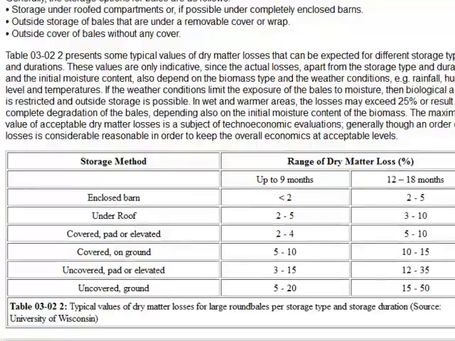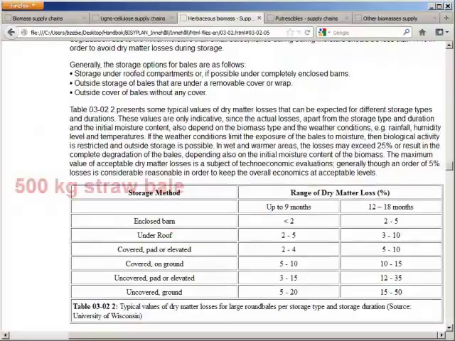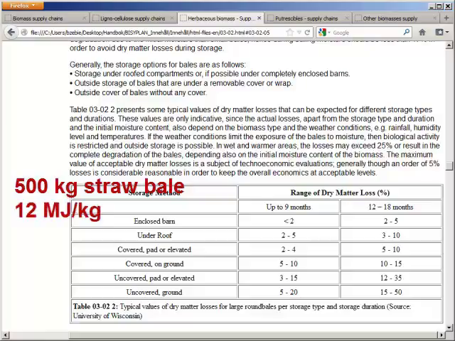You are advised to do the following calculation by yourself, but if you assume that a round bale has a weight of 500 kilos, that the material stored is straw with a heating value of 12 megajoules per kilo, and then during 12 months it loses up to 50% of its weight.